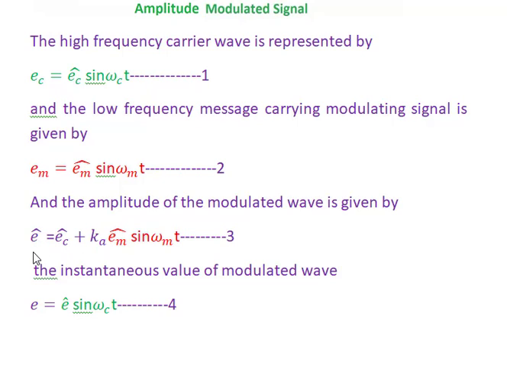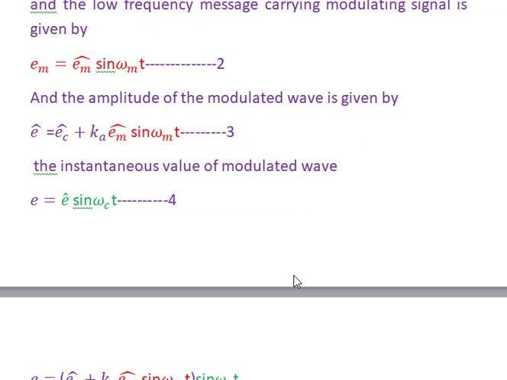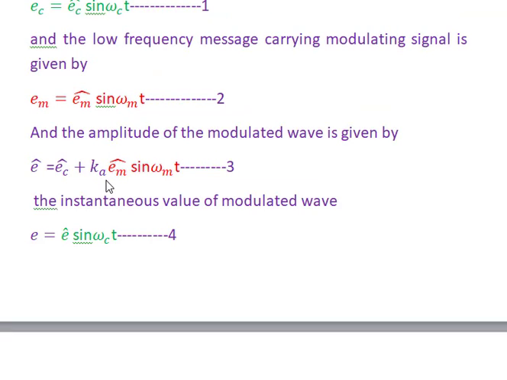E is nothing but the EMF voltage. E cap = Ec cap + Ka Em cap sin omega m t. It is the instantaneous value of the modulated wave. It is represented by e = E cap sin omega c t. Ka is the proportionality constant. It decides the percentage of modulation.